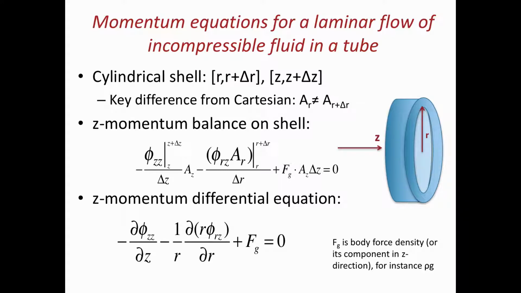Now, if I had a horizontal flow, this z component would be 0, so if I had a horizontal tube, this would be 0, right? So if I understand this as a z component of whatever body force, then this is generally valid for any type of tube alignment.